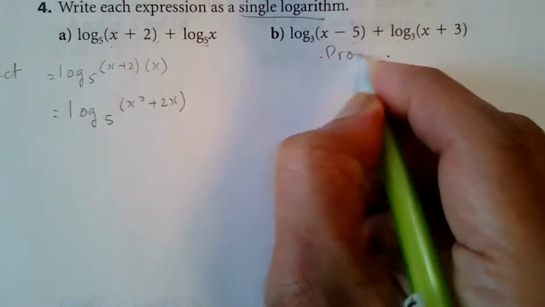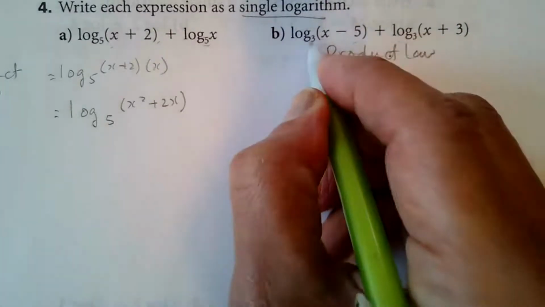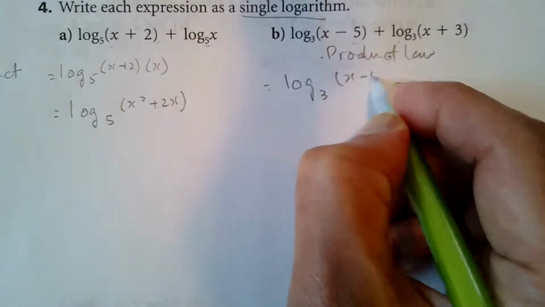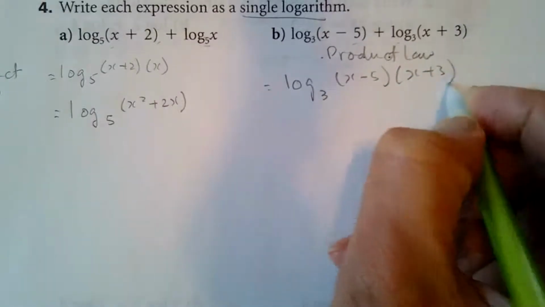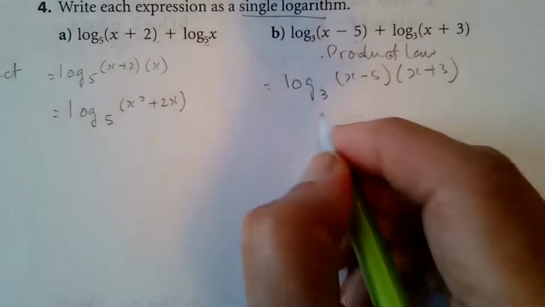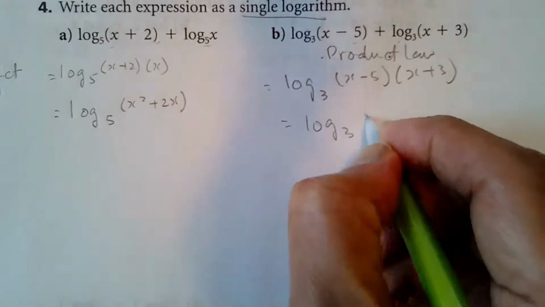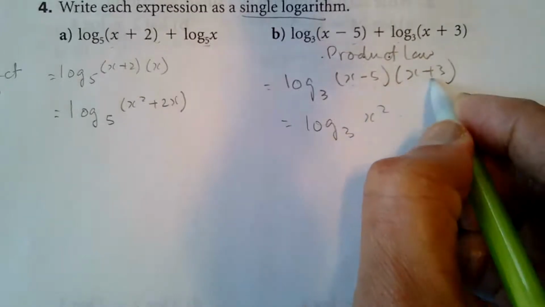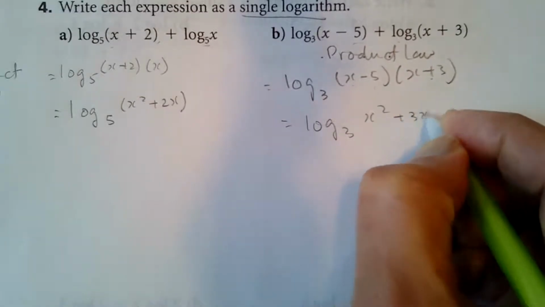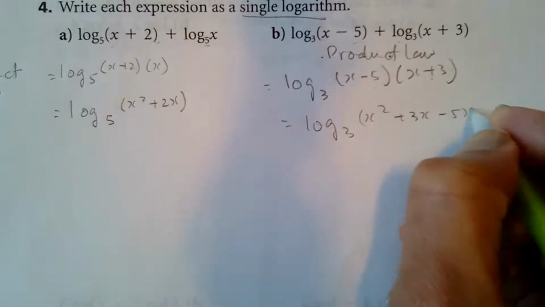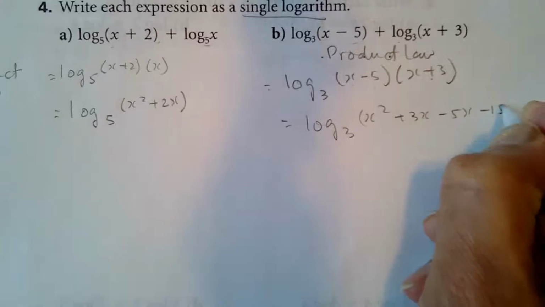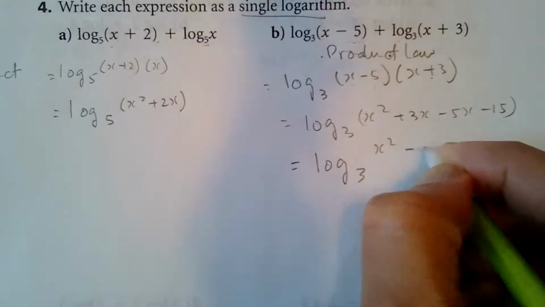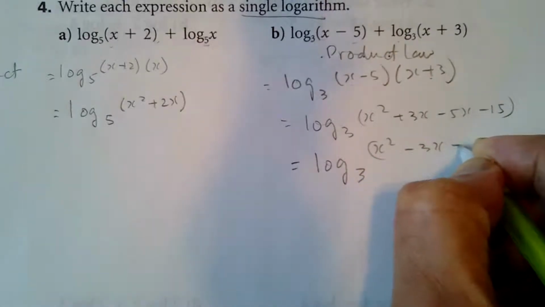So log of 3x minus 5 times x plus 3, which is log of x times x squared plus 3x minus 5x minus 15. Simplify. We have x squared minus 2x minus 15.